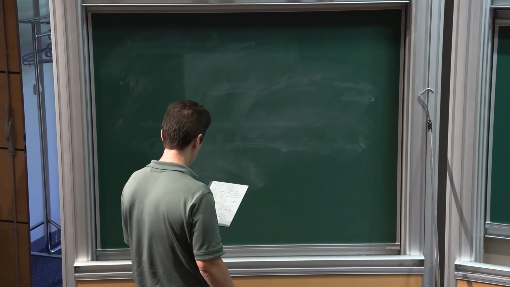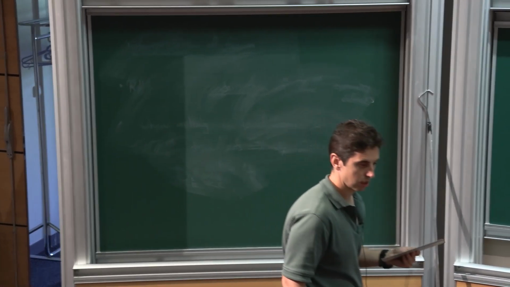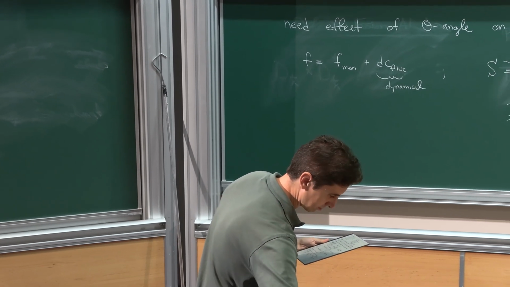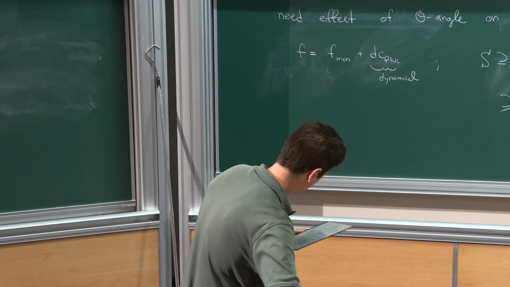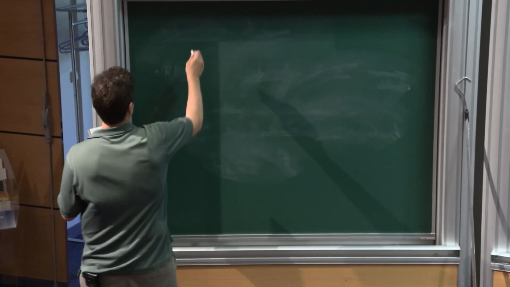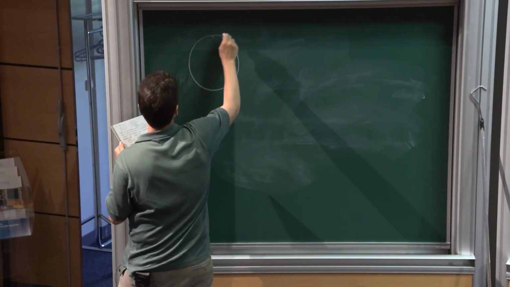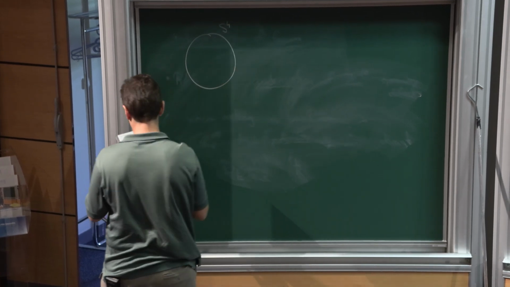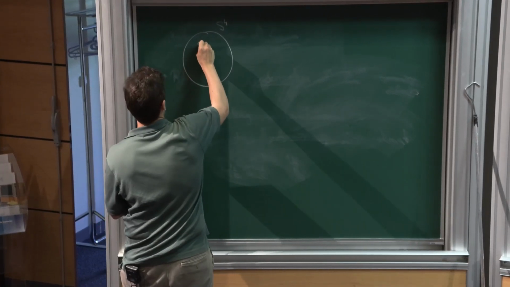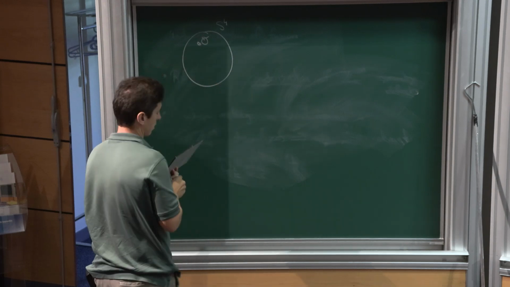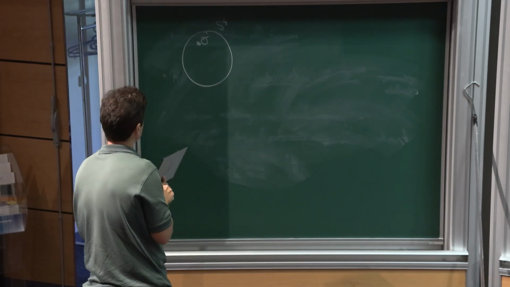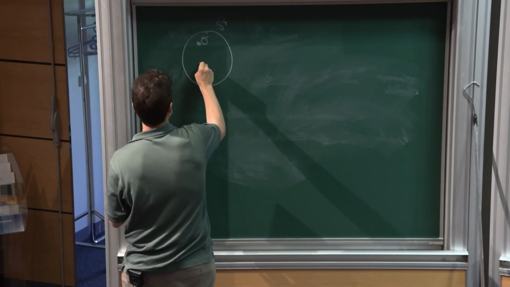So let's do a selection rule involving a line defect, if we can. Here will be a 4-sphere. Here is a local operator, O. There can be many other local operators. And here is M, the line, in red.